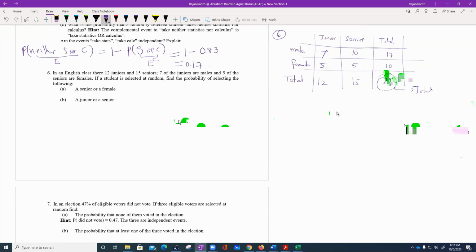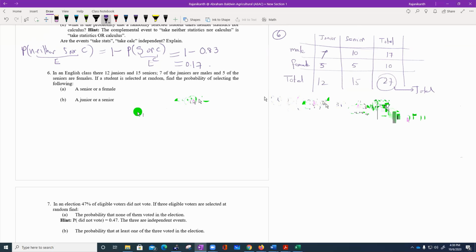Remember the question. They are selecting only one, right? Going to the class and selecting one student. We don't know who it is, maybe male, maybe female, maybe junior male, maybe junior female. So the first part is finding the probability that the selected student is a senior or female.